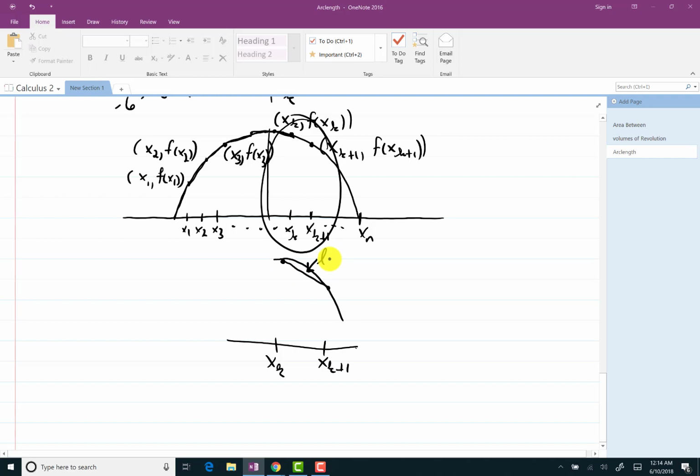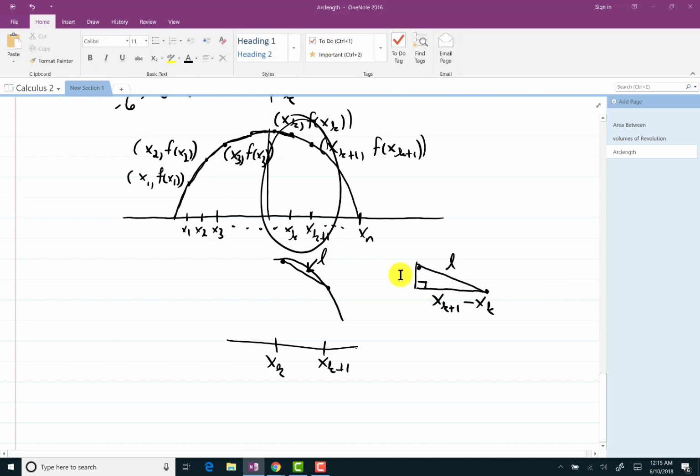From one succession to the next, this piece here is x sub k plus 1 minus x sub k.